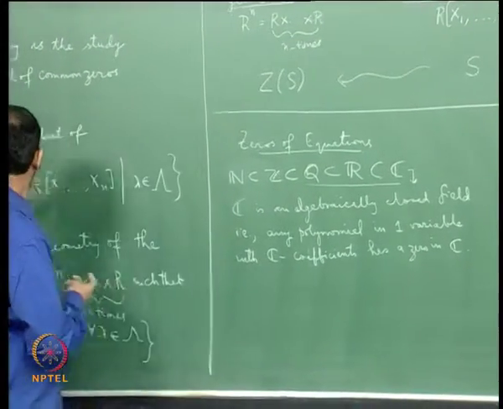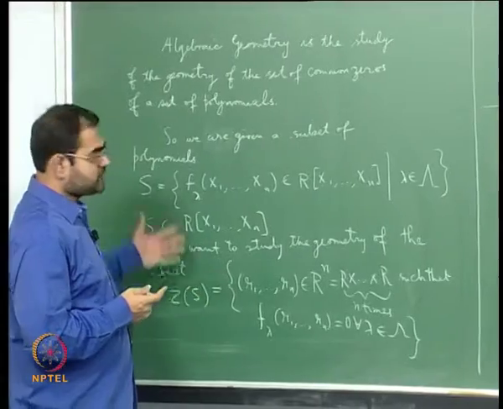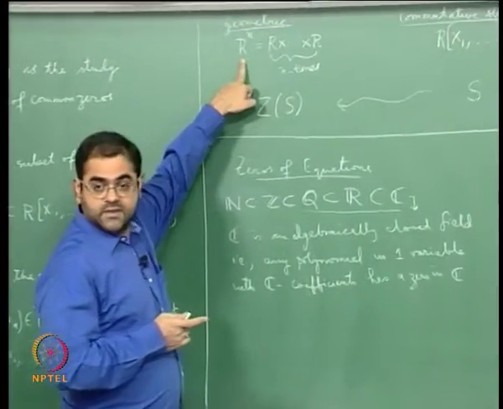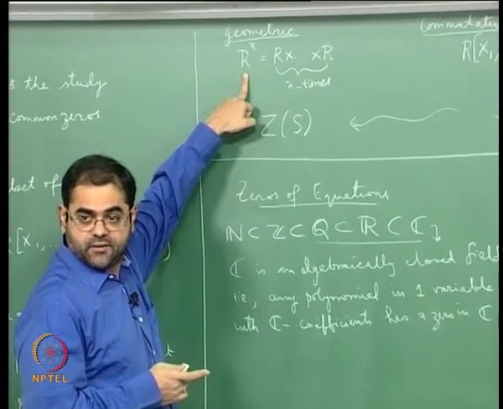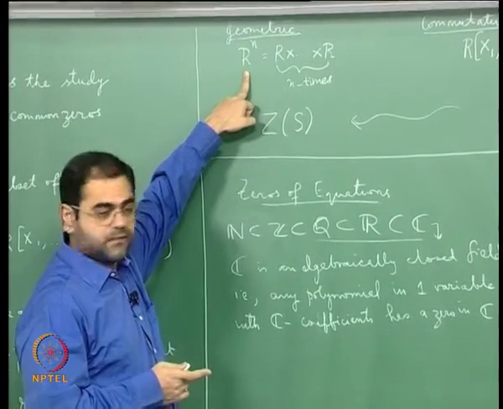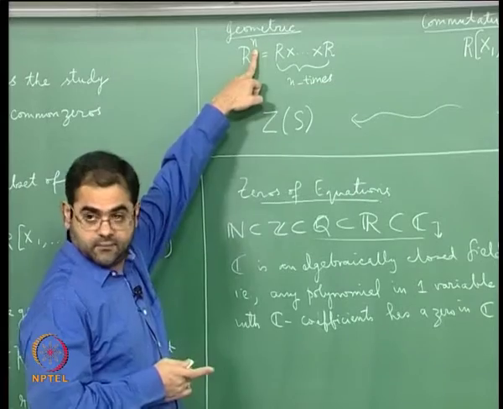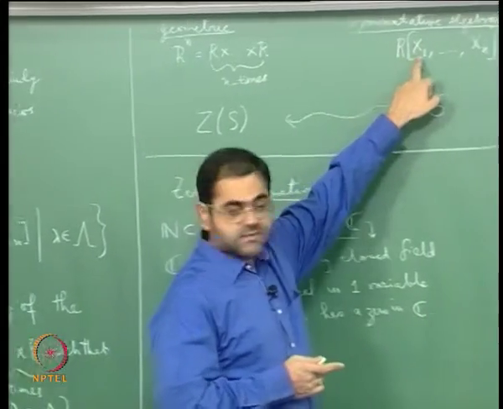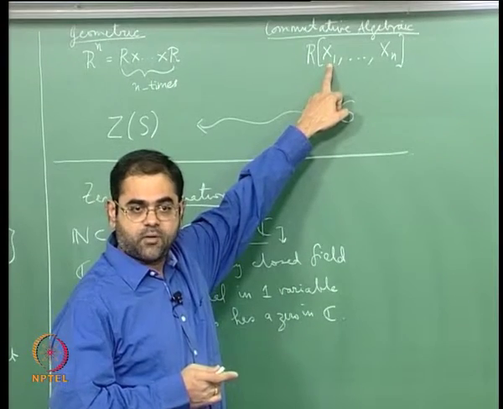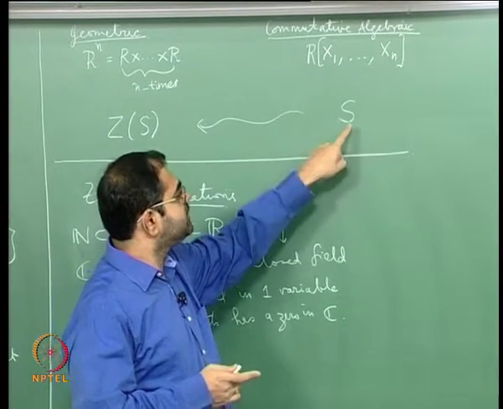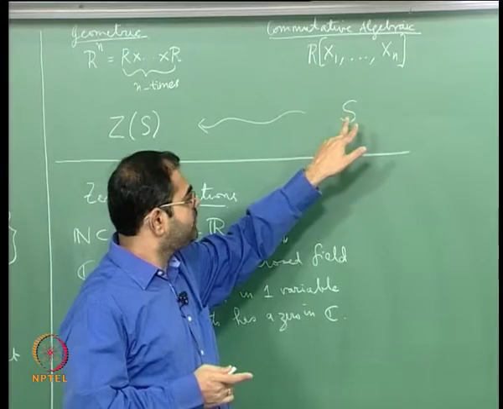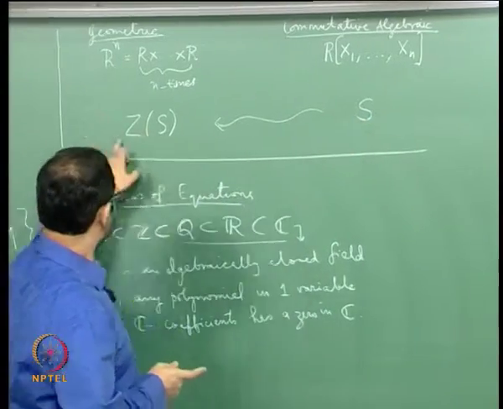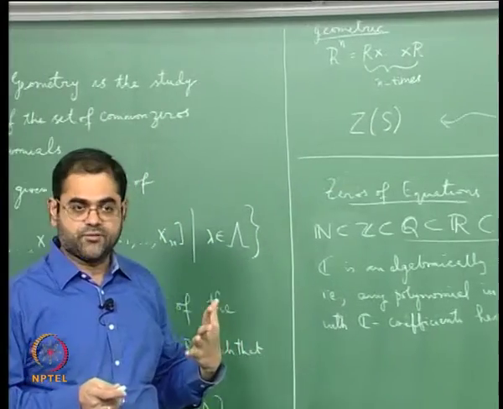If you go back to our setup, what it tells you is that if I take R equal to C, my ring, which is in fact a field, and if I take n equal to 1, then I have C here, and here I will have C of x, the polynomial ring in one variable. If you give me a single polynomial, if the set S is a single polynomial, then the zero set of that is non-empty.